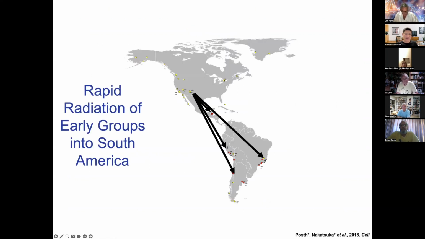So one of the first things that we observed genetically, which was very interesting, was a very rapid radiation of the earliest groups into South America. You can see this by the genetic differences between different groups being split off very quickly, relative to, say, an area where there's farming, where people are slower to split.